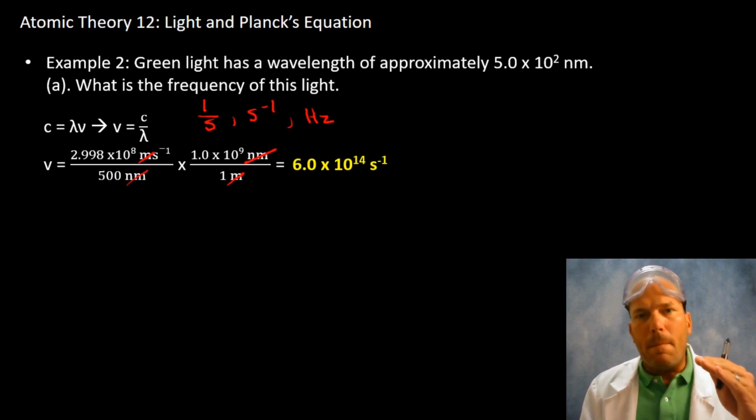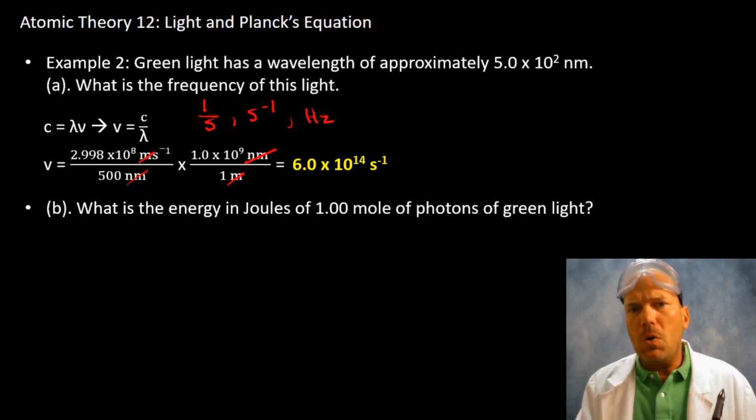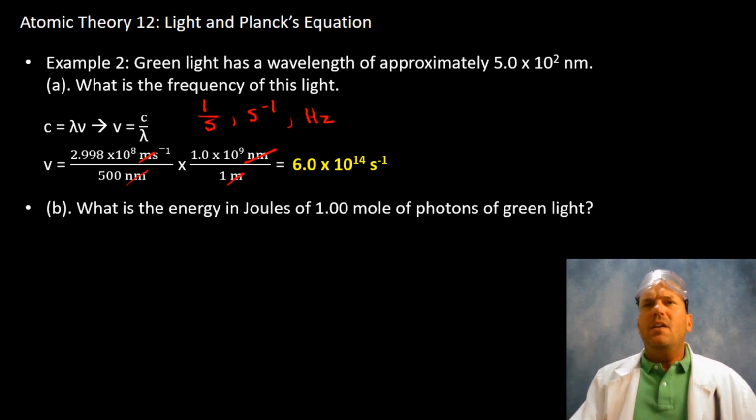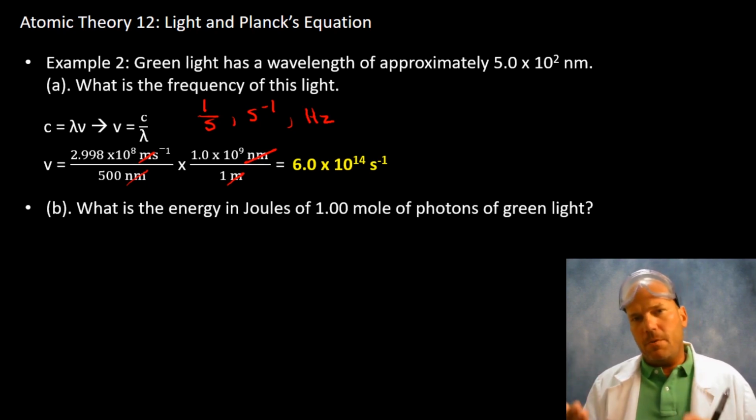Now, in part B of this question, you are asked about the energy in joules of 1 mole of photons. Oh my goodness! Lorenzo, Romano, Amadeo, Carlo, Avogadro, because you're being asked about a chemical unit, a photon of green light.